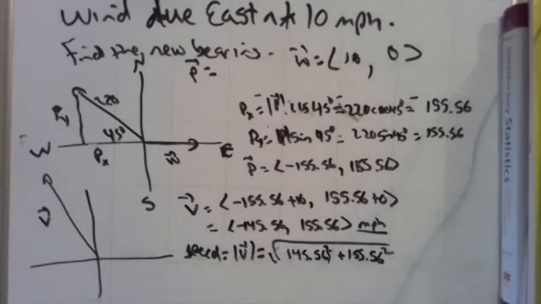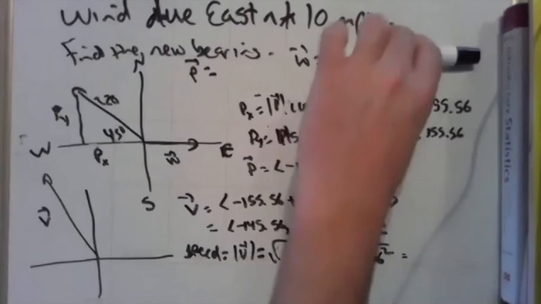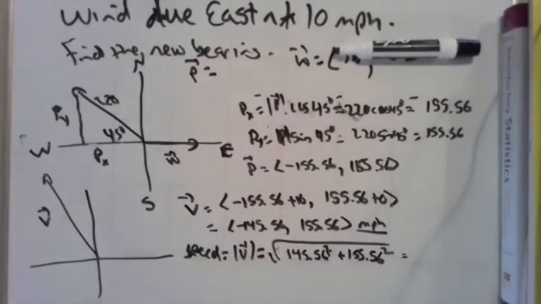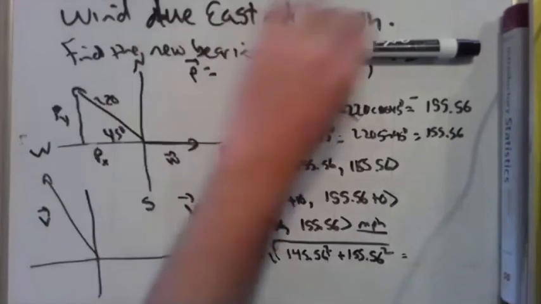Ignore negatives when finding magnitude. Don't worry about that negative. It's going to get squared away anyways. All right, so let me type that in. So that's square root 145.56 squared plus 155.6 squared. 213.